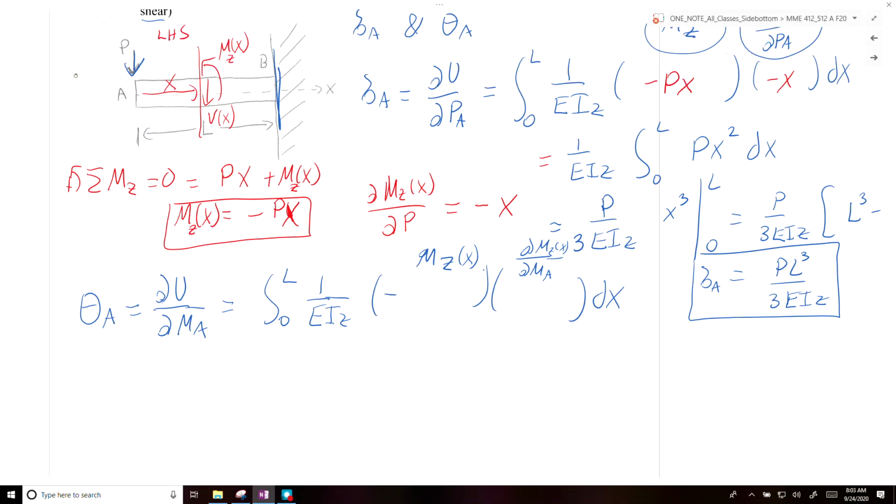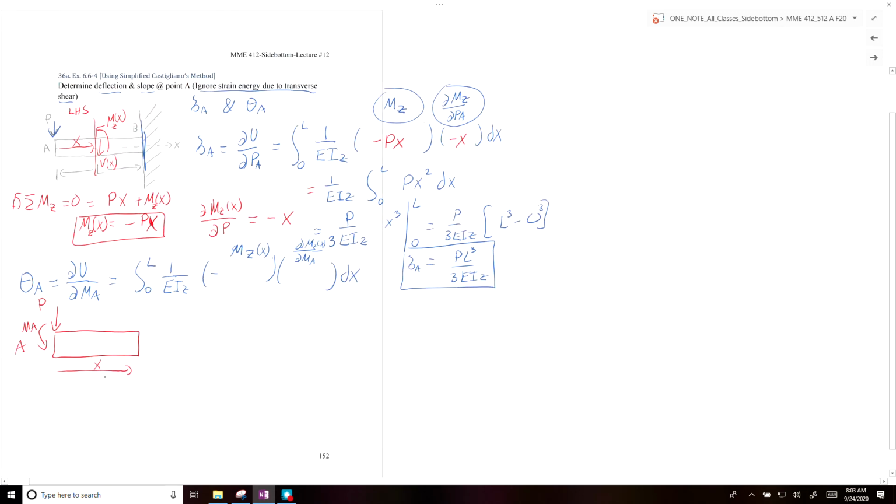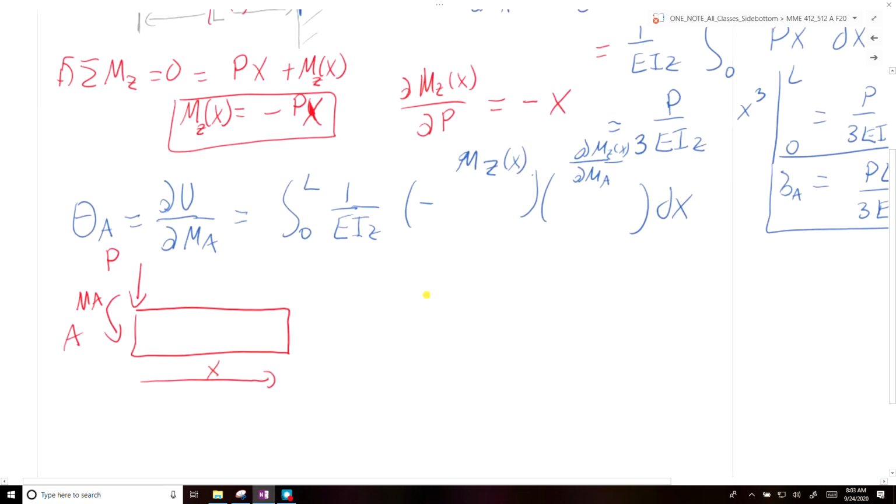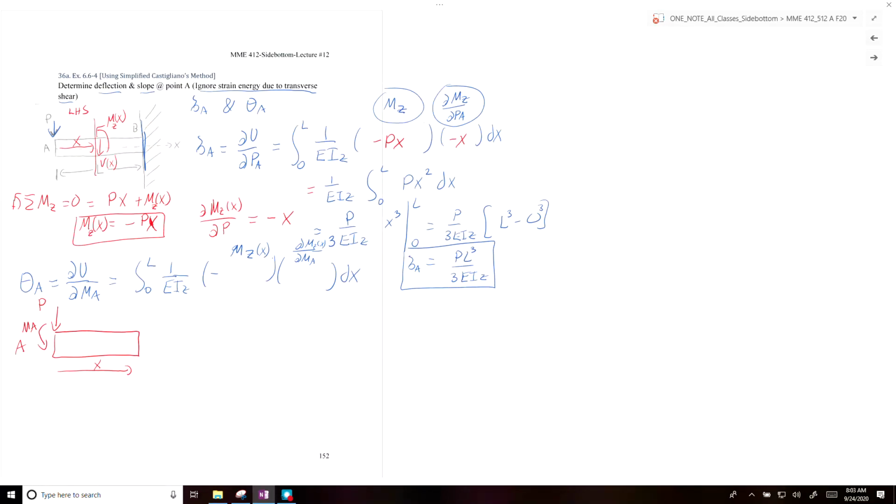So if we create another section cut at an arbitrary location x, at point A we have our concentrated force P, and then we apply a dummy moment, which we're going to call MA here. On the opposite side of our beam where we took the section cut, we have to apply our internal forces.